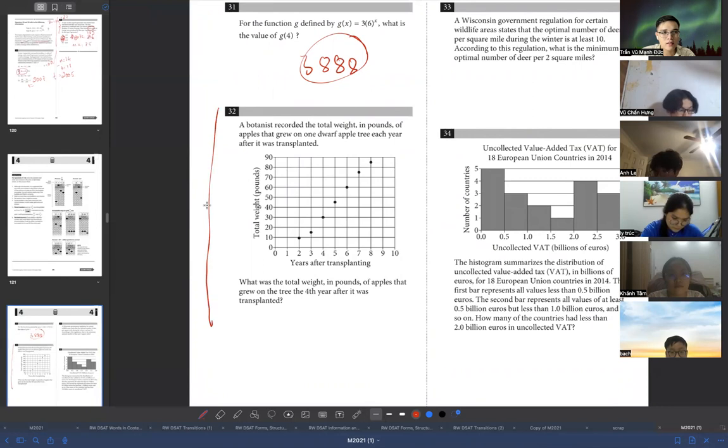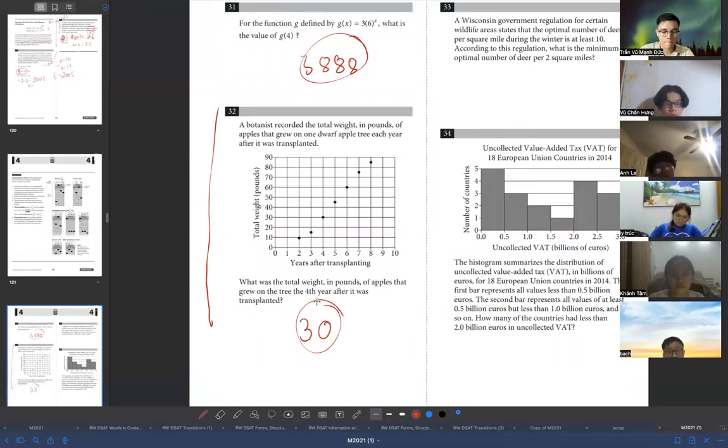32 is on. Can you do 32? Thirty. 30? How did this come about? Because the coordinates were 4 and 30.